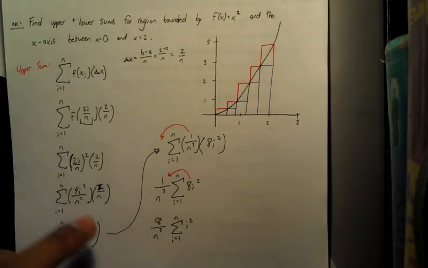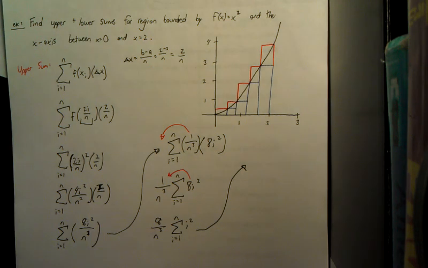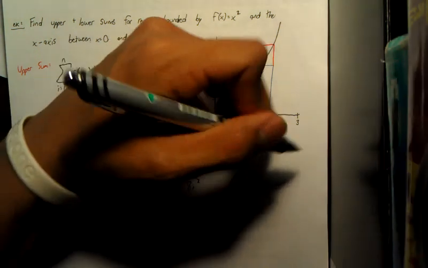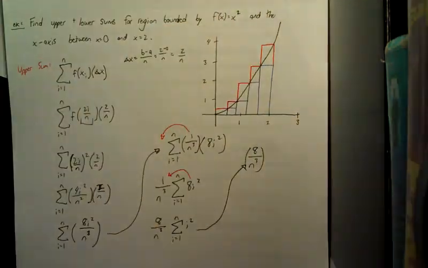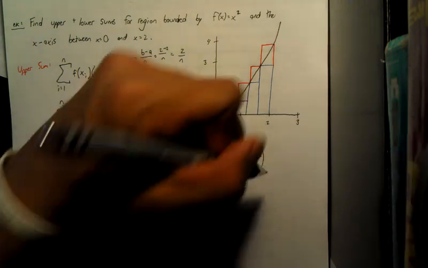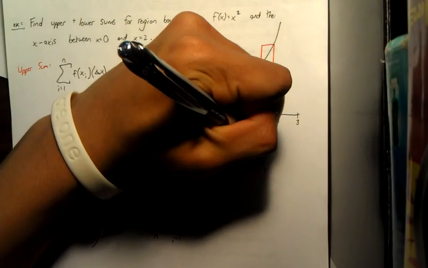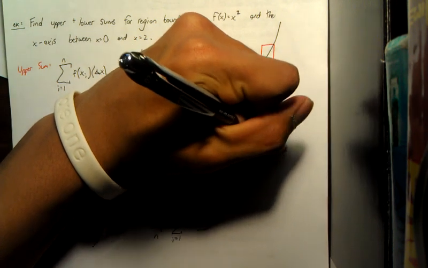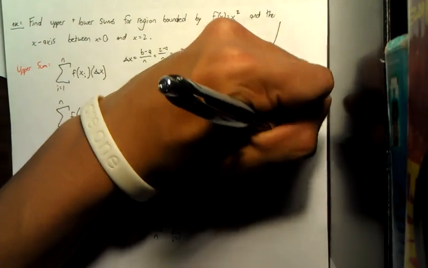I'll just move it over one more, and then move back up here one more time. It gets a little bit cramped, but 8 over n to the third. If you can recall from our summation formulas, i squared corresponds to n times n plus 1 times 2n plus 1 all over 6.